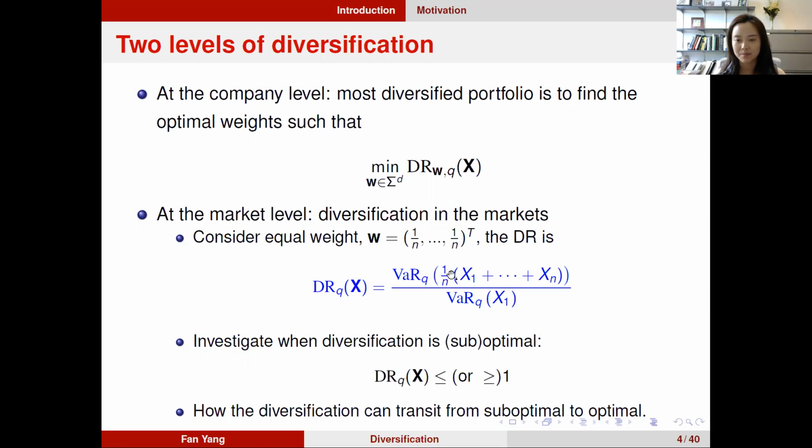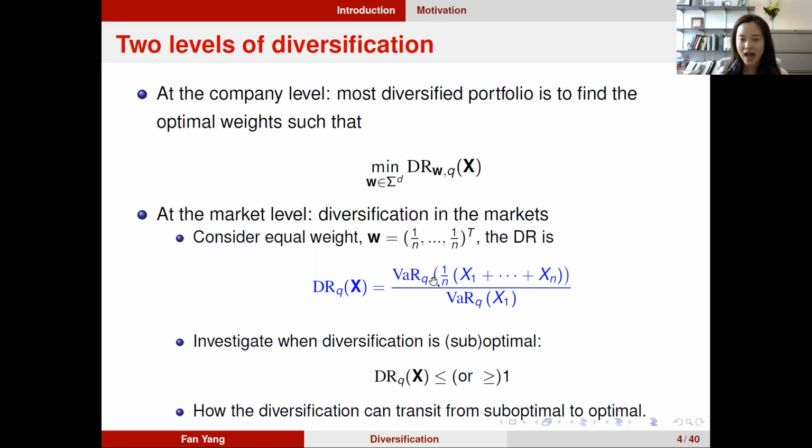If you look at this VaR in the numerator, you can understand this as an insurer sharing all the catastrophe risks with all other insurers equally. So this weight means how the different insurers share the risk. It's a different understanding than in portfolio optimization, where the weight is how much of the money you invest in a certain asset. Here the weight is more like how they share the risk among the different insurers.